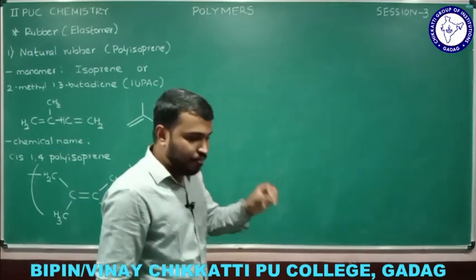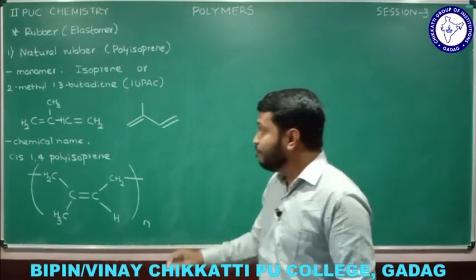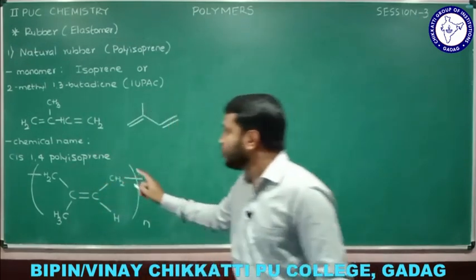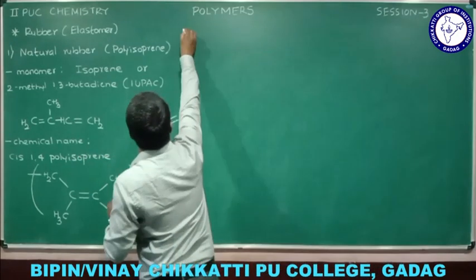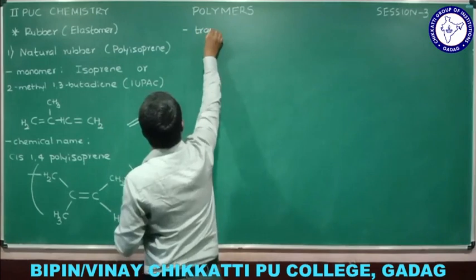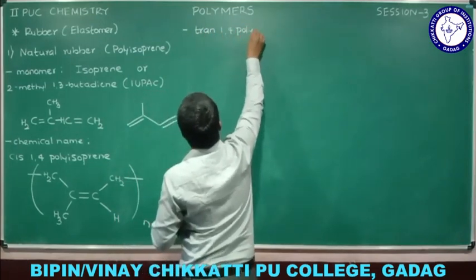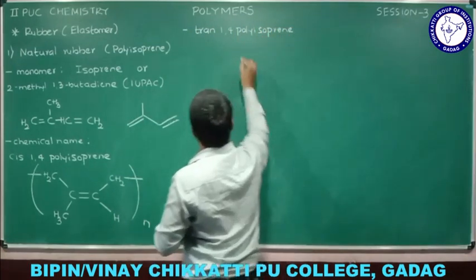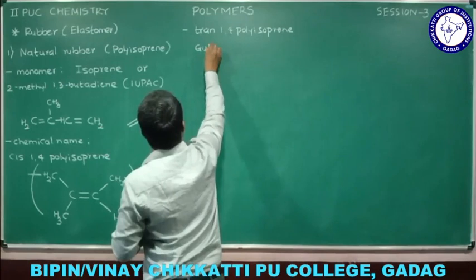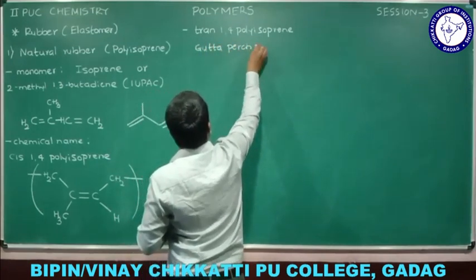So natural rubber, the chemical name will be cis-1,4-polyisoprene. Remember, cis-1,4-polyisoprene is only called natural rubber. Of course we have trans-1,4-polyisoprene also. I will write here trans-1,4-polyisoprene, and we have a new name for that one, which we call gutta percha.